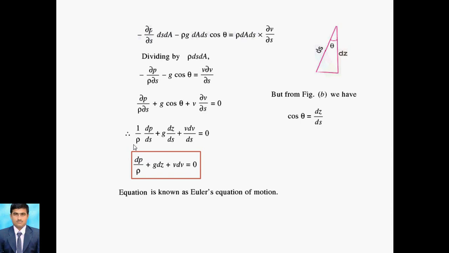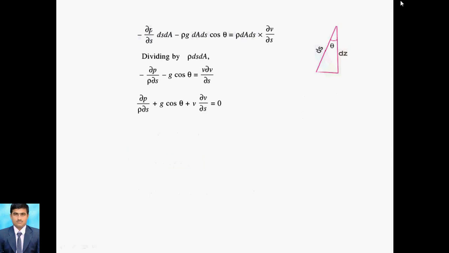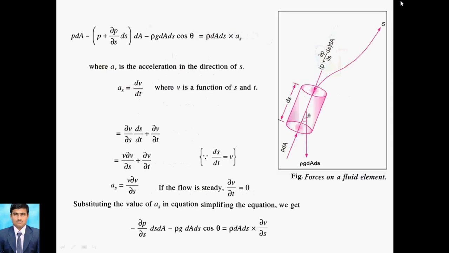So this equation is called Euler's equation of motion. Here we only changed this term; the rest we take as it is, that is minus dou p by dou s ds dA.